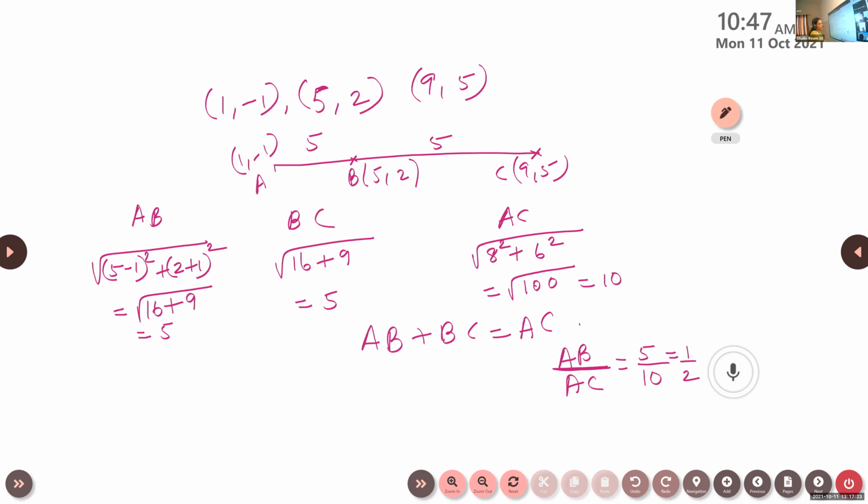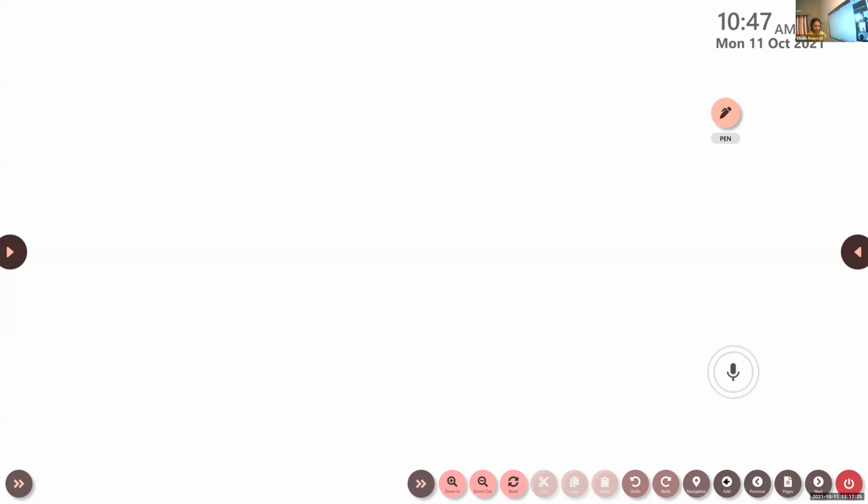Okay, now look at the next question. Note the question. The point P(2,1) lies on the line segment joining A(4,2) and B(8,4).